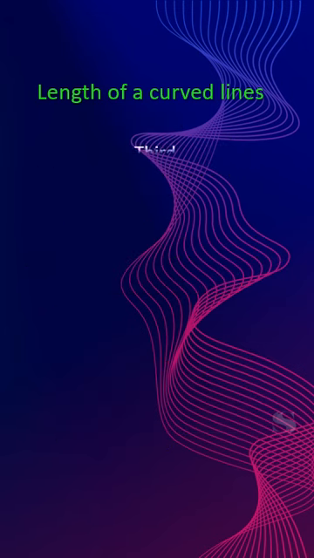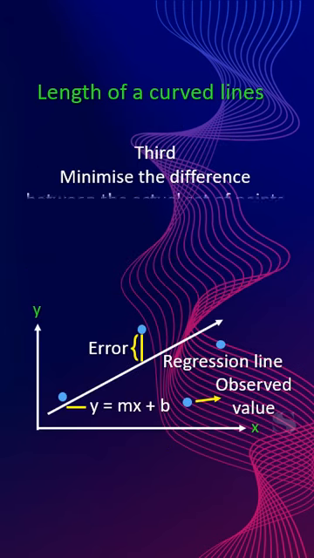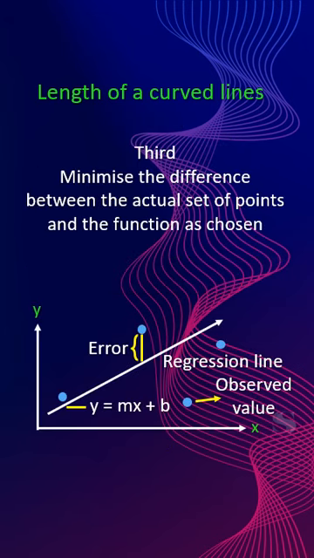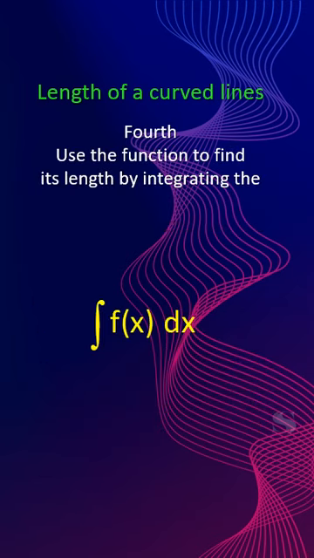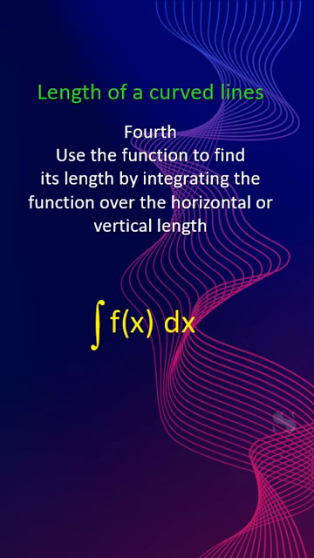Third, minimize the difference between the actual set of points and the function chosen or composed above, using least squares. Fourth, use the function to find its length by integrating the function over the horizontal or vertical length. This is a simple task of the integration process.